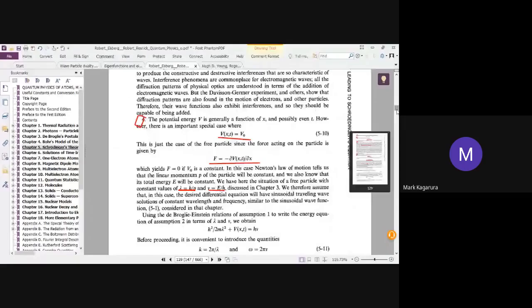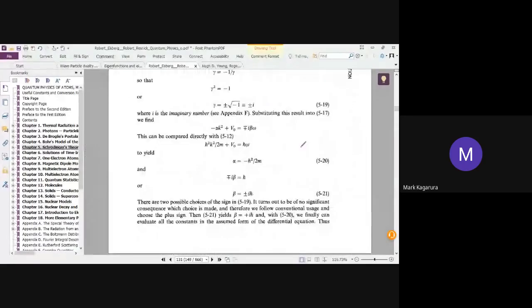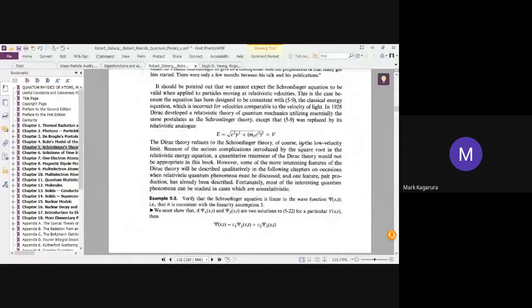Okay, those were the four conditions in case they are not obvious. Those four conditions help us with the plausibility of deriving the Schrodinger equation.